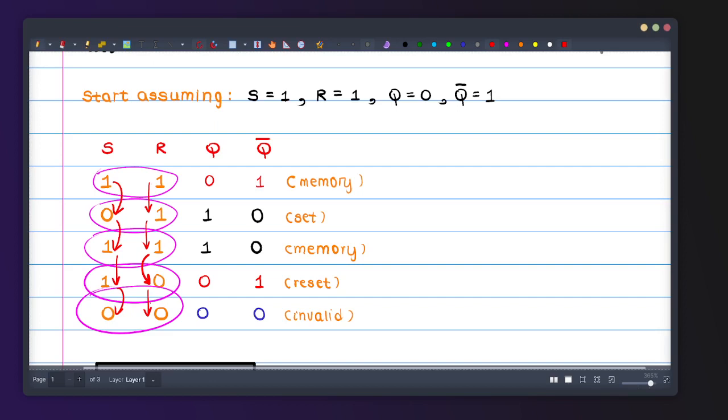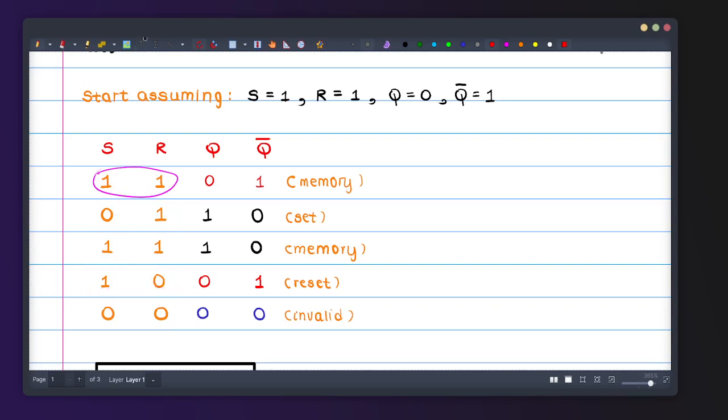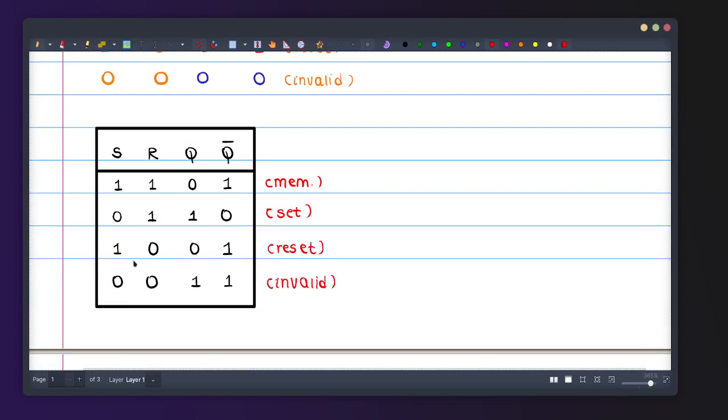So when we change our SR flip-flop, our inputs must be changed one by one. That's why this truth table that we used for debugging purposes was rather longer. But when you simplify this, at the exam you can write this truth table here, which is showcasing all possible 4 states of the SR flip-flop: memory, set, reset, and invalid.